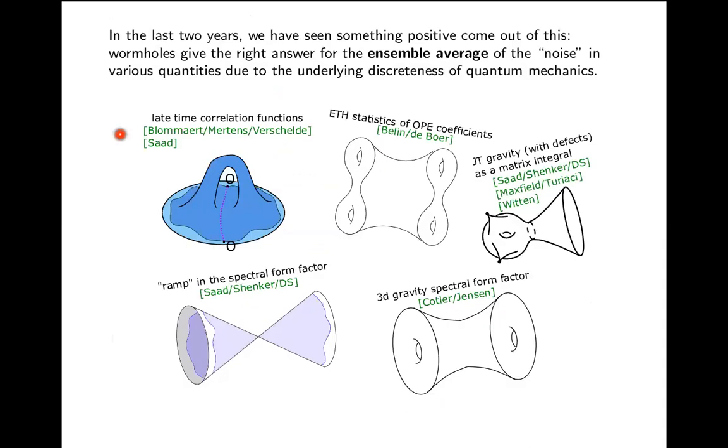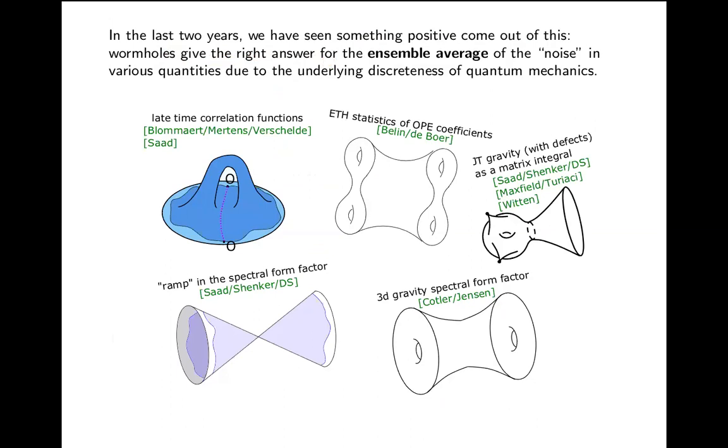But in the last couple of years, we've seen something positive come out of the wormholes, and this has resulted from actually trying to compute the answer that the wormholes give in some cases. What they seem to be describing is that they're giving the right answer for something, first of all.